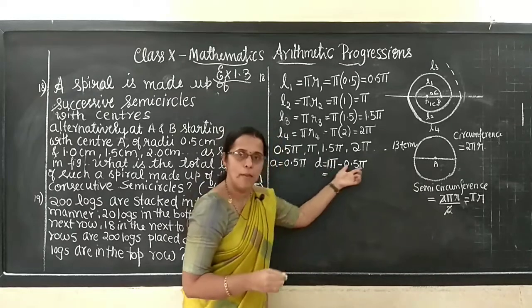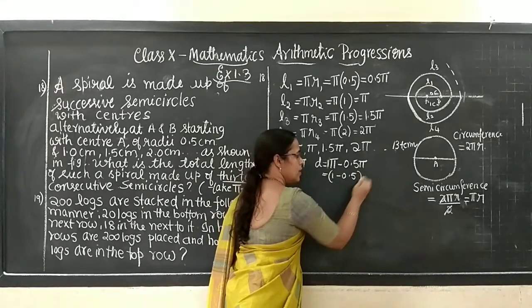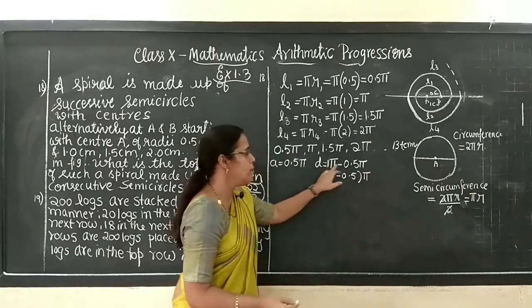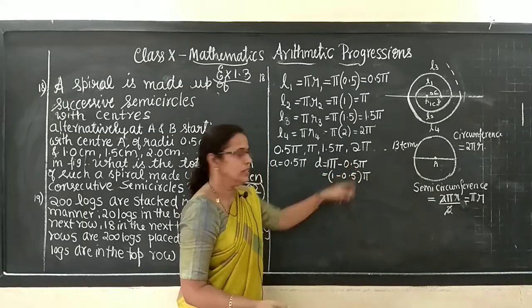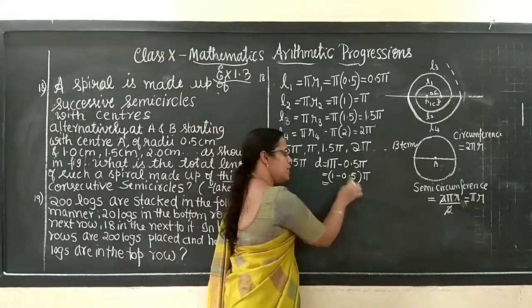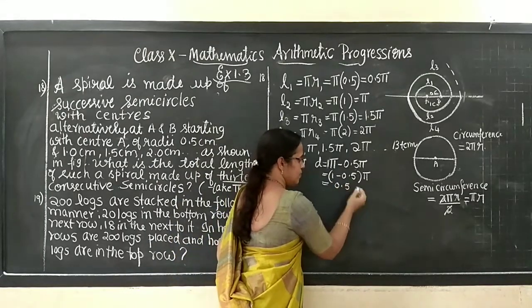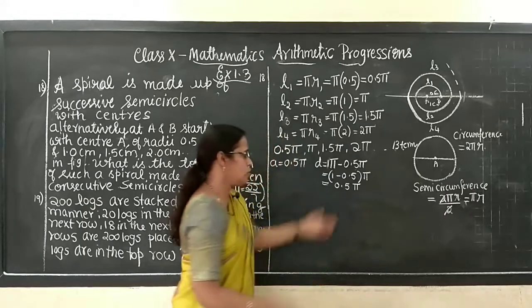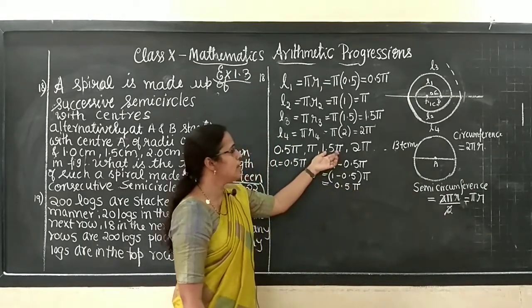Pi is common in both, take it out: (1 minus 0.5) into pi. So 1 minus 0.5 is 0.5, so the common difference is 0.5 pi.